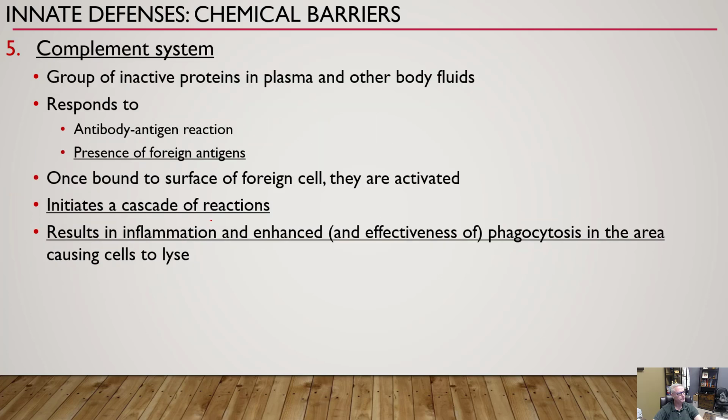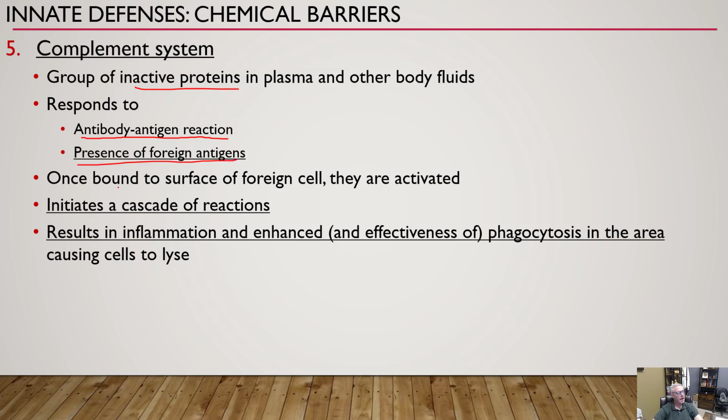And the last thing that we have is this thing called the complement system. This complement system is basically a group of inactive proteins in the plasma and other body fluids, and they're going to respond to either an antibody-antigen reaction, which we'll talk about with B cells, or the presence of foreign antigens.